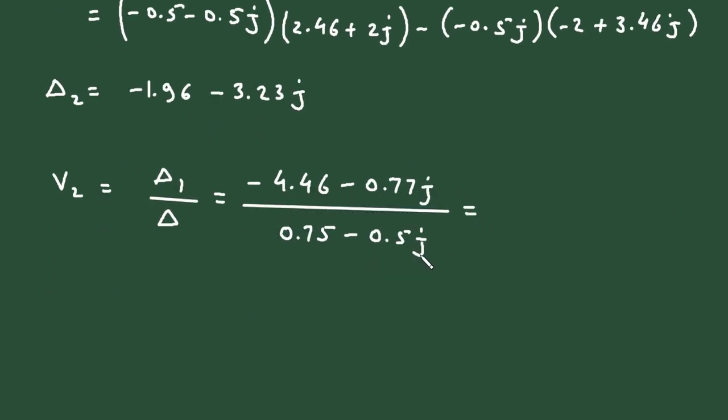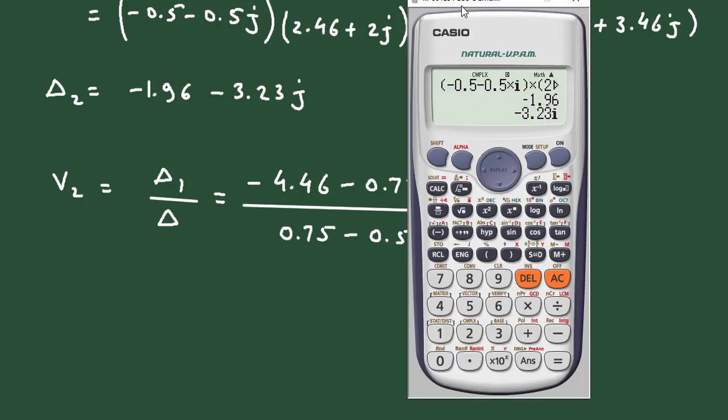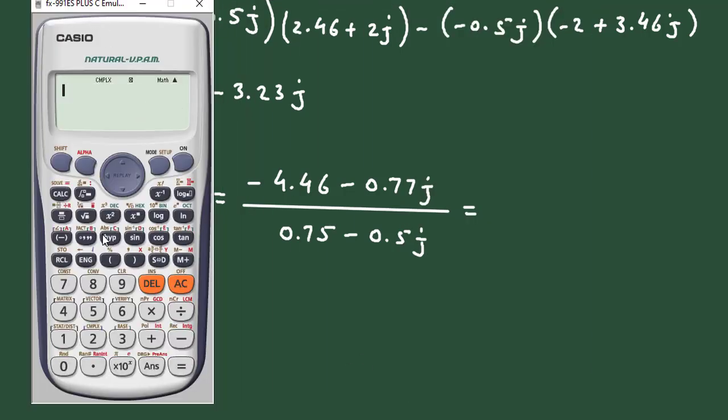It is equal to minus 4.46 minus 0.77 into j divided by 0.75 minus 0.5 into j.